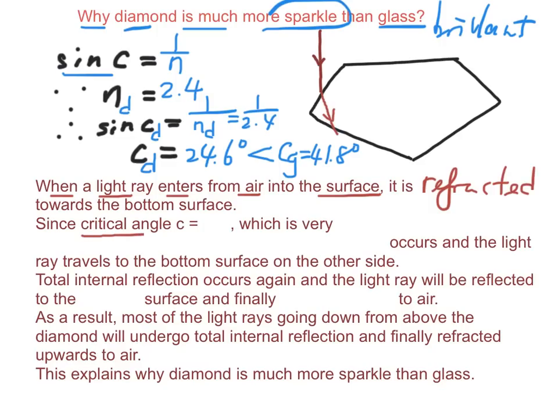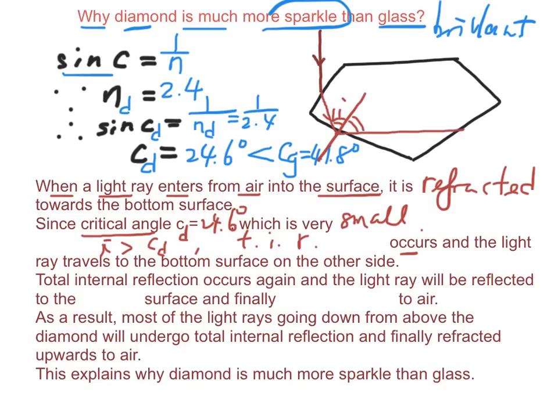Since the critical angle of diamond is 24.6 degrees, which is very small, I is larger than the critical angle of diamond, and total internal reflection occurs. The light wave travels to the bottom surface on the other side.